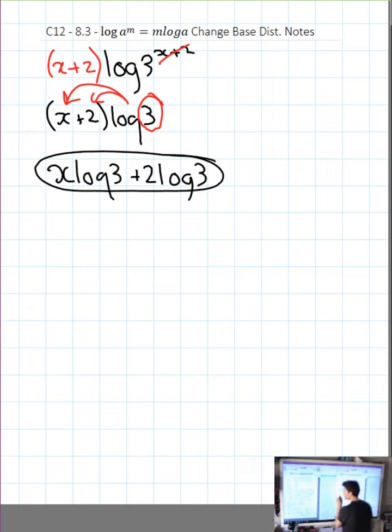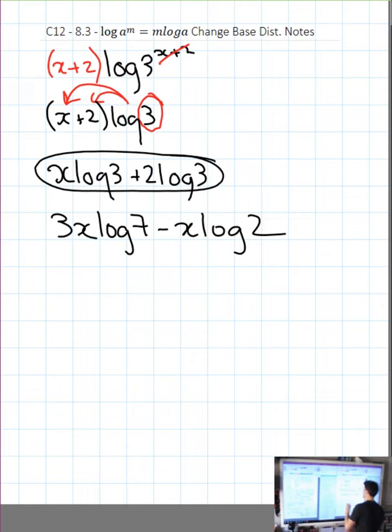So let's take a look at another example. 3x log 7 minus x log 2. Well, these things both have an x, so I can remove a greatest common factor of x. Now, what am I left with?